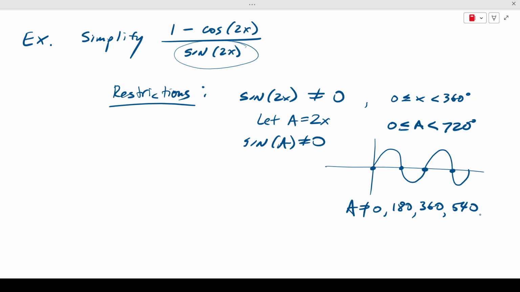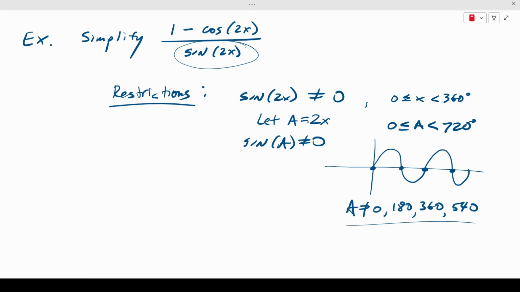Okay, and it also can't be 720 right here, but we don't have an equal sign. So in fact, we don't need to include the 720 because we're technically not going that far, because we're not going to include the very end point. So that's what a can't be.